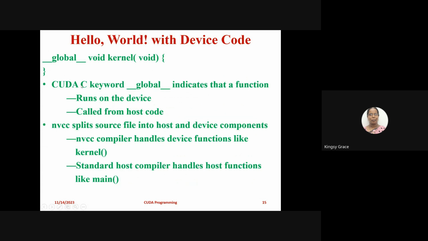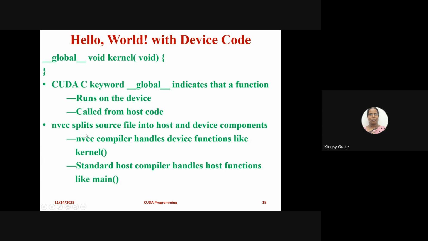This is a CUDA keyword, global, which indicates that the function runs on the device. So we are going to execute the calculations or statements given inside that function on the device, that means the GPU. It should be called from the host code, that is the CPU code.